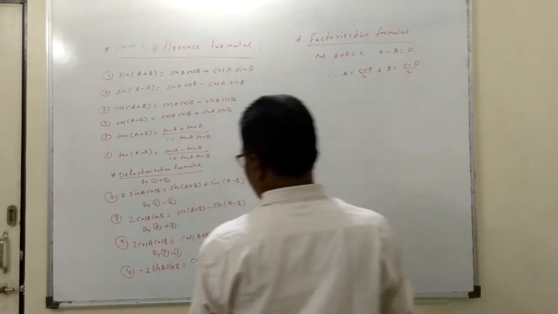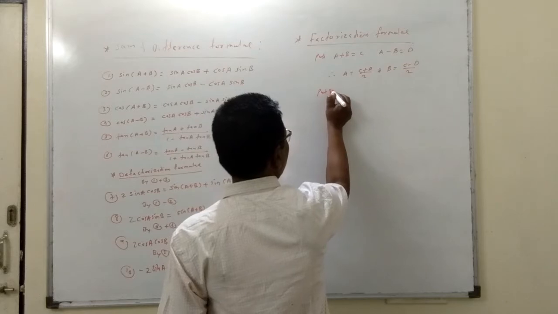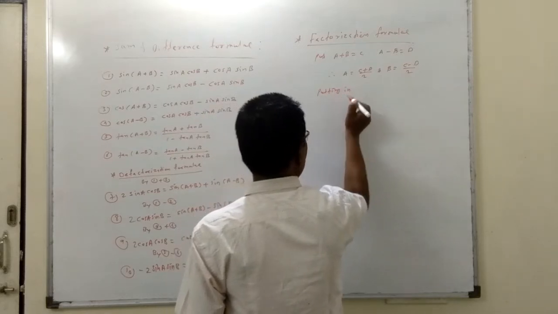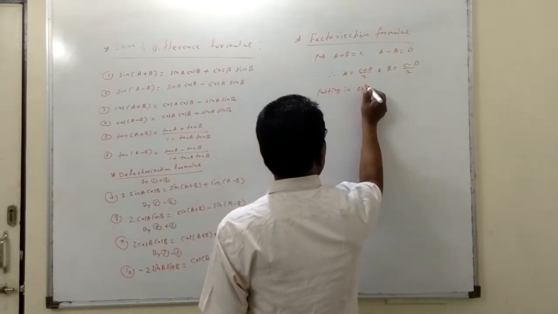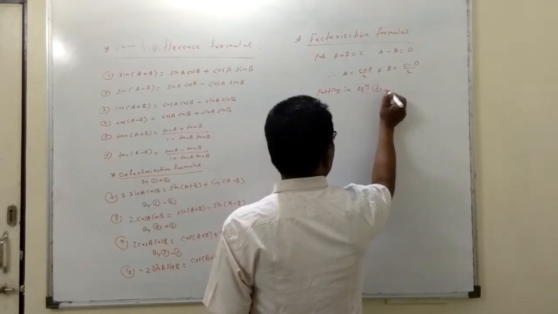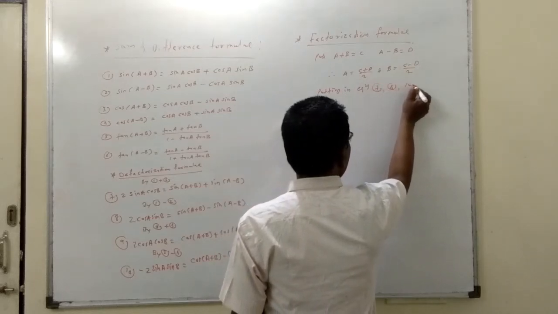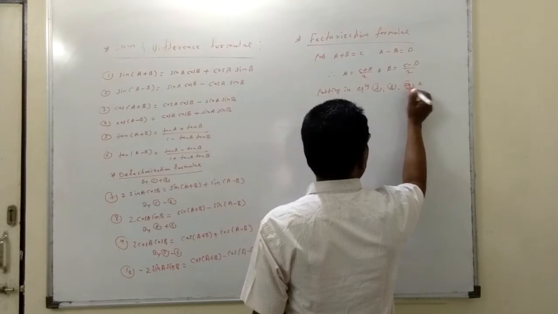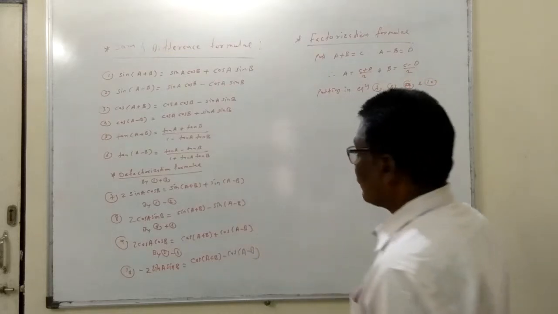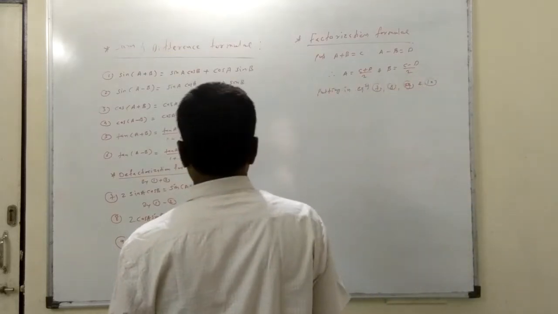Now putting these values in equations 7, 8, 9 and 10, we get the factorization formula.